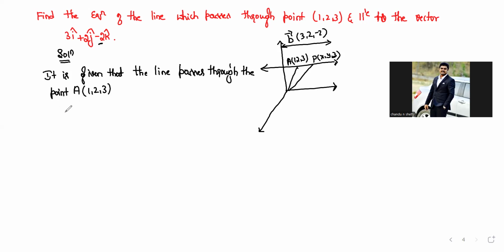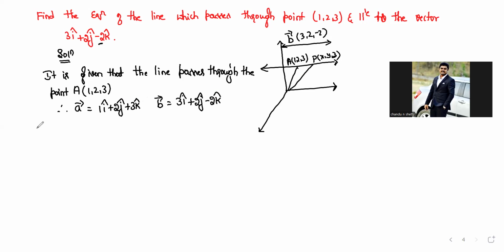Okay, so therefore the position vector A is 1i cap plus 2j cap plus 3k cap, and again vector B is equal to 3i cap plus 2j cap minus 2k cap. Clear, all of you?